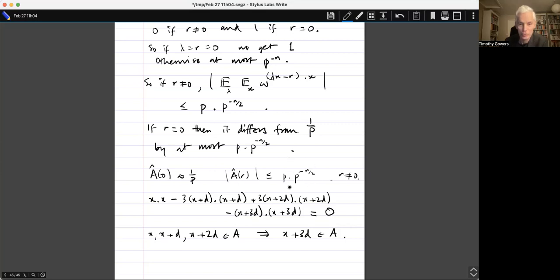The Fourier coefficients are all tiny, so the probability that those 3 belong to A is almost exactly the density cubed, so 1 over p cubed. And so the probability that all 4 belong to A is roughly 1 over p cubed, whereas if A behaved like a random set of density 1 over p, we should be getting 1 over p to the 4.